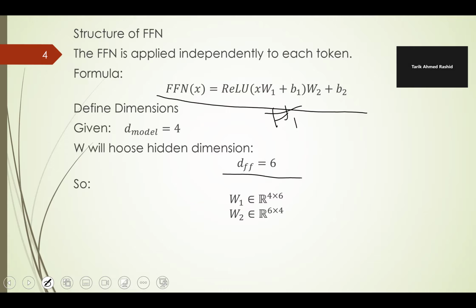So assuming the dimension for feed forward is 6, the dimension for the weight matrix of the first layer is 4 by 6, and for the second layer, the weight matrix is 6 by 4. That's how we assume. So 4 rows by 6 columns, and the second layer, 6 rows by 4 columns.